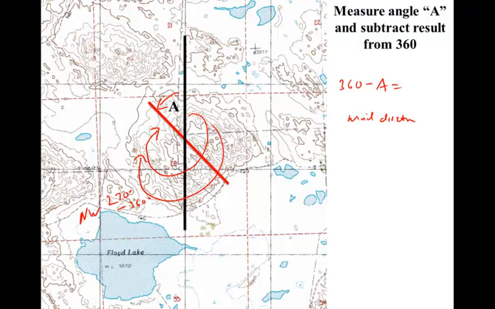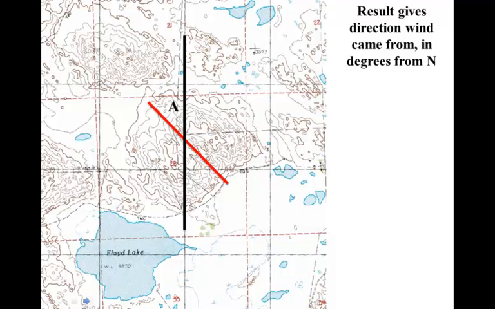We'll take our protractor. Let's measure this angle, the smaller one, and subtract that from 360, a full circle, to get the angle that we want. The answer is going to give us the direction the wind came from in degrees from north.